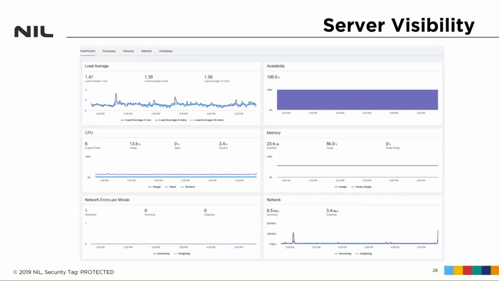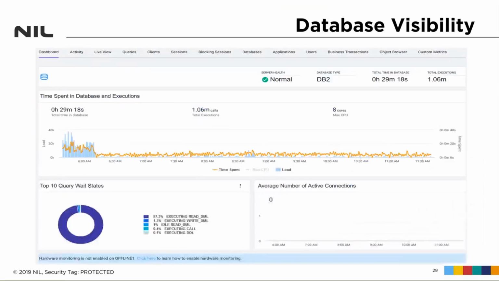And we start from server visibility. It speaks for itself. Here you can see server metrics, load average, CPU and memory utilization, network performance, running processes, and many others.